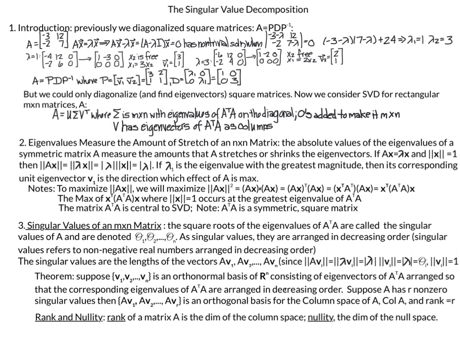And second, for the middle matrix, the sigma, we're going to take the eigenvalues of A transpose A and put them on the diagonal. The reason we choose A transpose A is related to our next point, which is that eigenvalues measure the amount of stretch in an m by n matrix. We should know this from the eigenvector-eigenvalue equation, because for an eigenvector x, Ax equals lambda x.